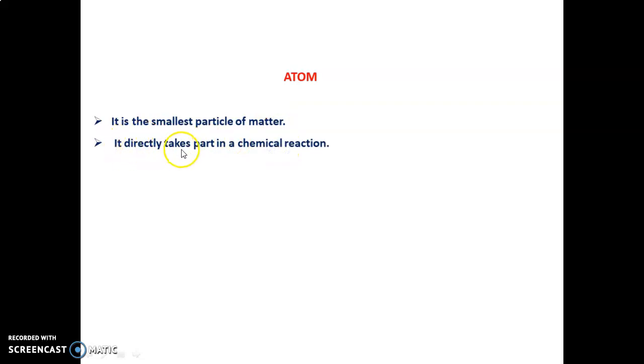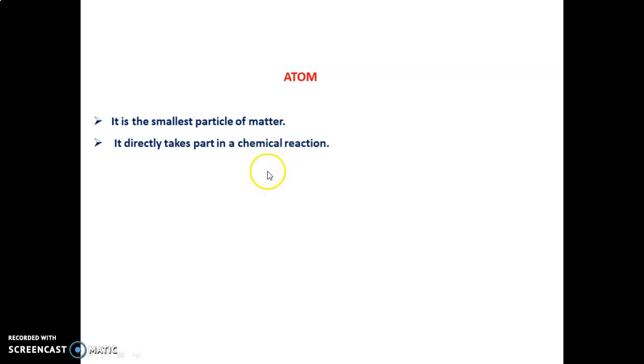Second, it directly takes part in a chemical reaction. We studied so many reactions. In chemical reactions, we write so many molecules.